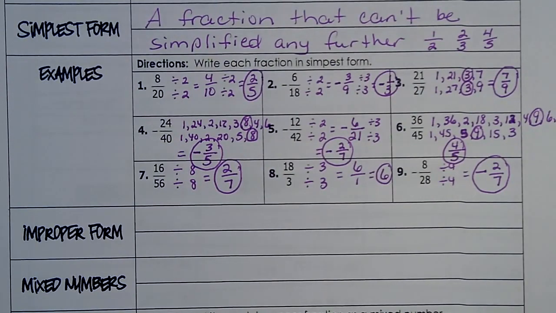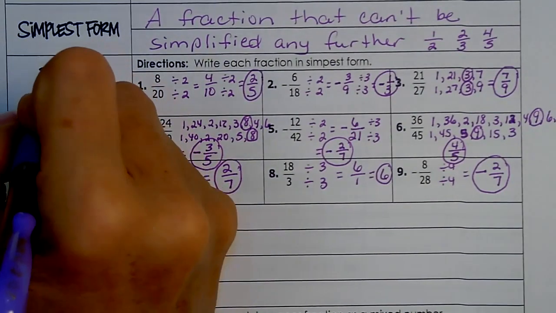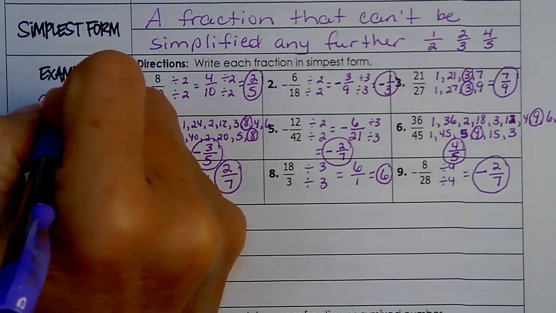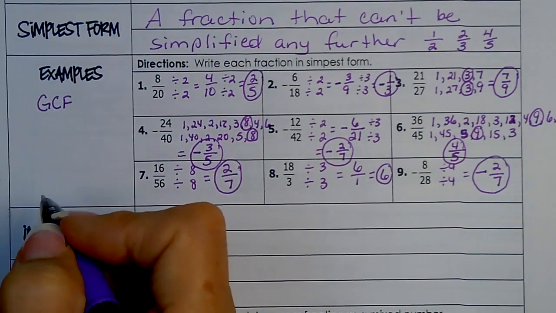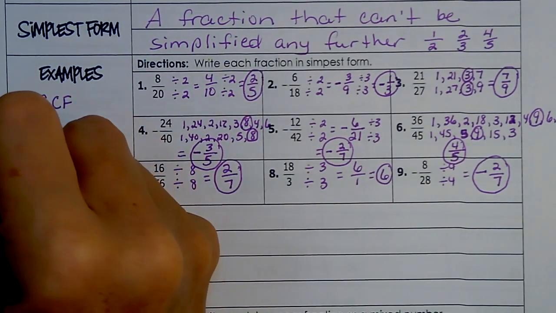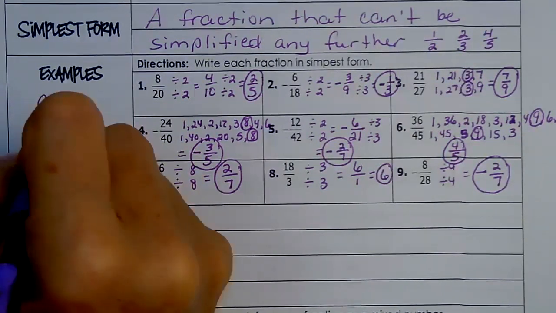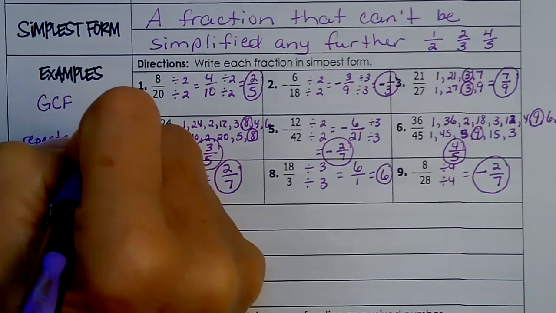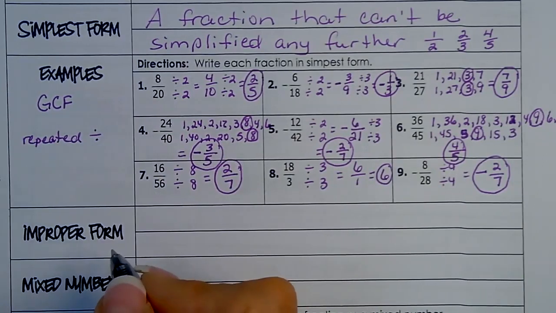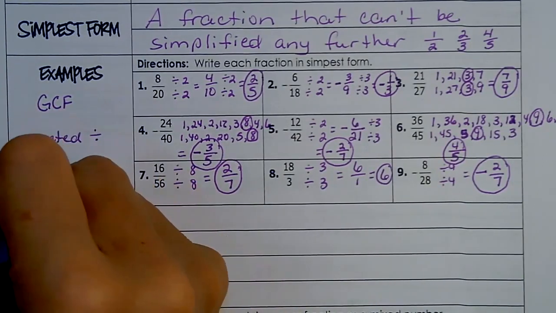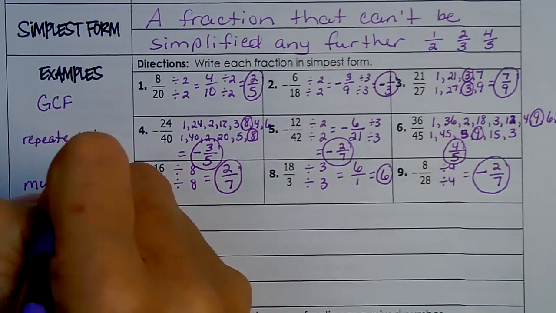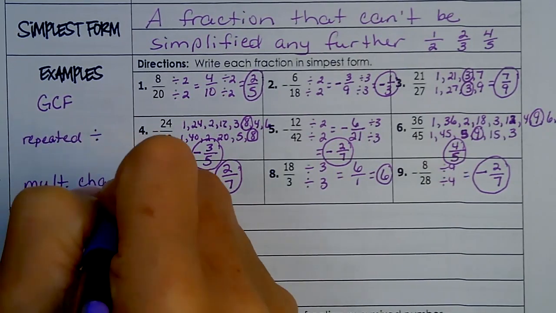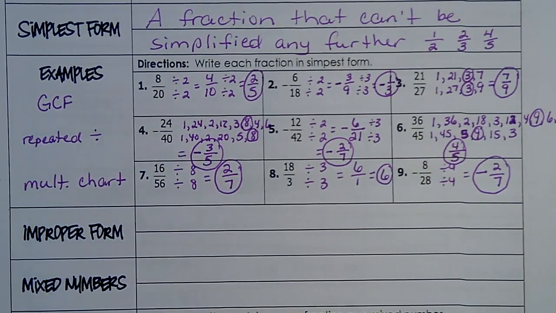So you have 3 different ways. You can find the greatest common factor. You can do repeated division. Or you can use a multiplication chart. All right, improper form.